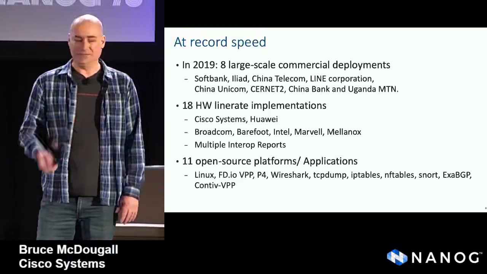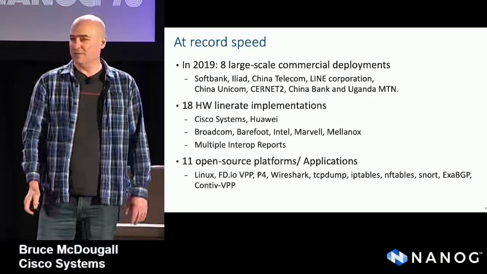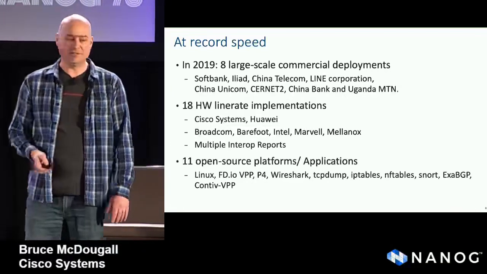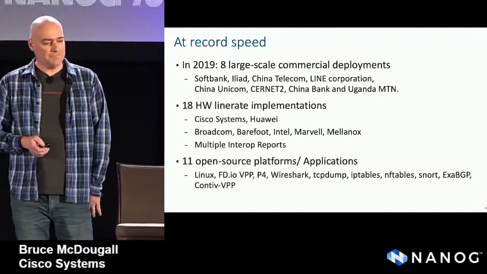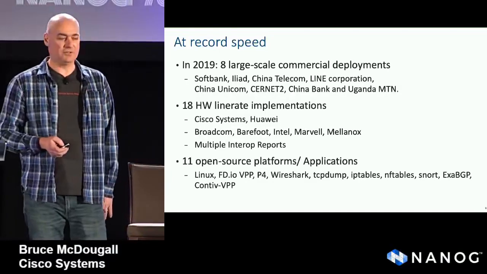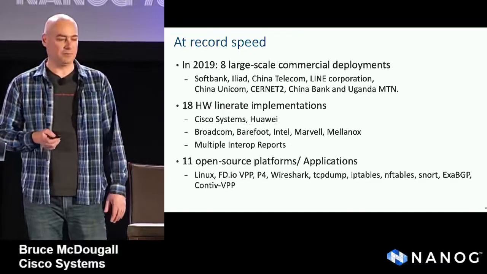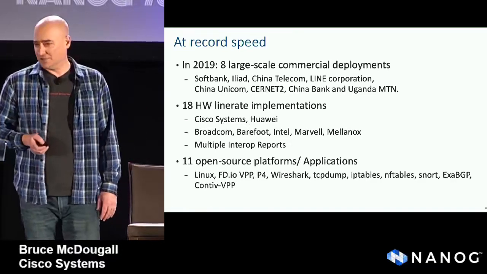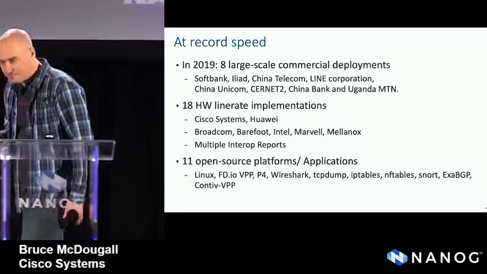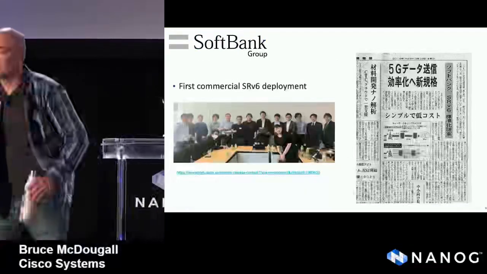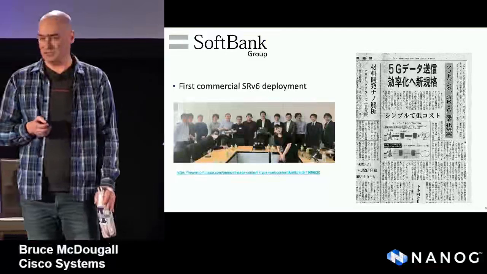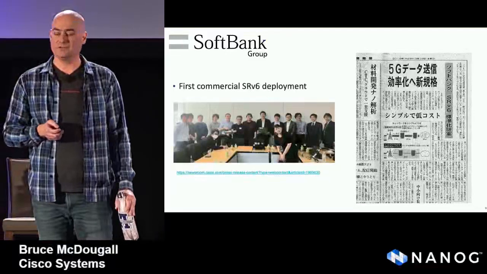Additionally, in 2019, we saw announcement of 18 line rate hardware implementations and announcement of 11 open source applications, or segment routing being developed and supported in a number of different software tools and apps. We expect the list to grow in 2020 and beyond as well.